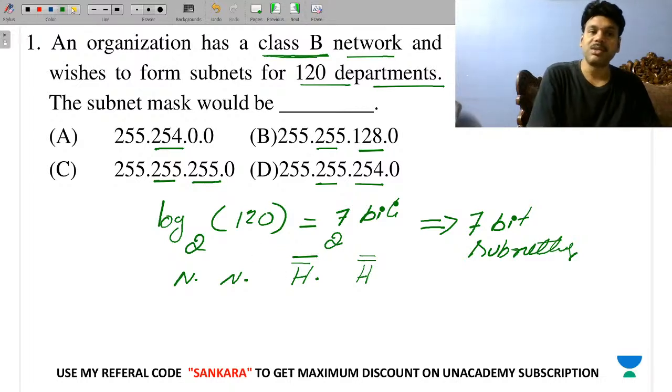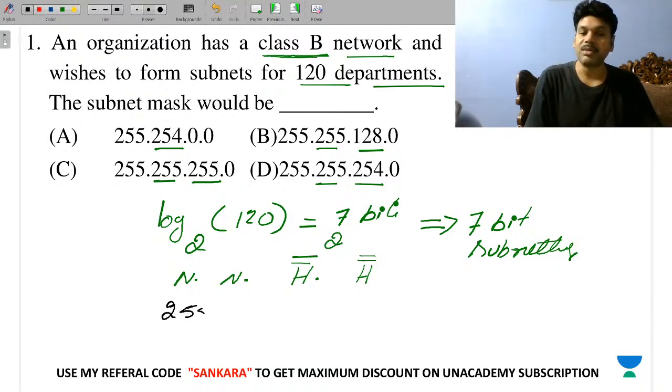So my dear friends, we are not going to disturb your network part, because subnetting is meant for distribution or splitting of your host IDs only. Therefore 7-bit subnetting is nothing but 7 bits are on and 1 bit is 0. And in this we are not disturbing anything. So you put it as zeros there.